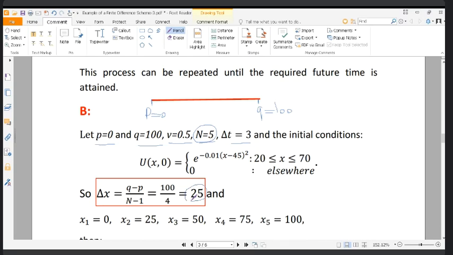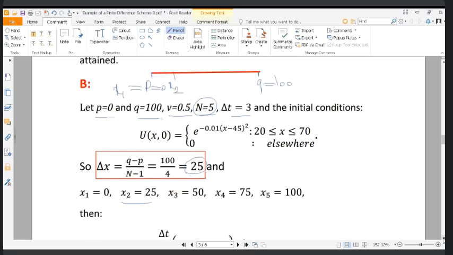Then we start from P equal 0. P is X1. For the next point, X2 is X1 plus delta X, and X2 is 25. The next point X3 is 25 plus delta X, means 25 plus 25, and X3 is 50.